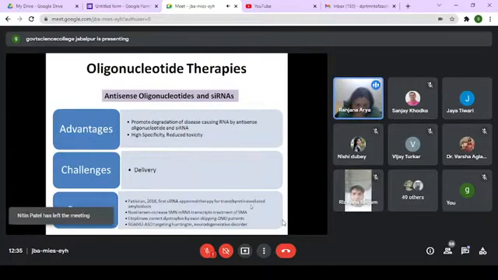So the delivery vehicles and the conjugates, if you optimize and work it out, then you can lower the dosage and minimize any of the side effects or toxic effects that could be caused due to the delivery of these molecules. Since these oligonucleotides are highly specific, they will be shutting down the particular target.